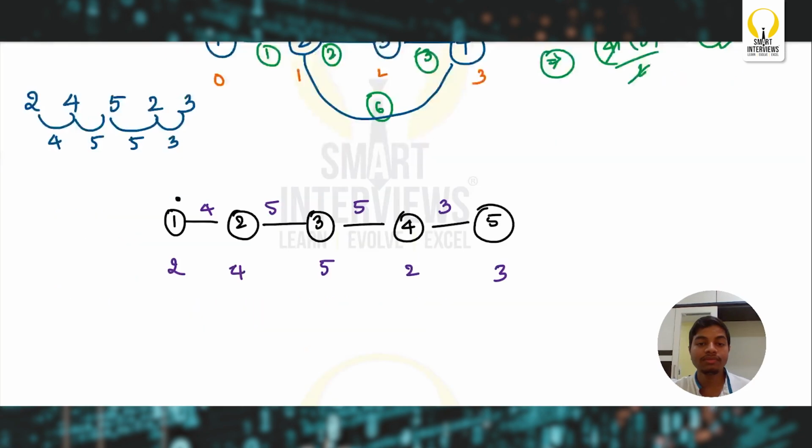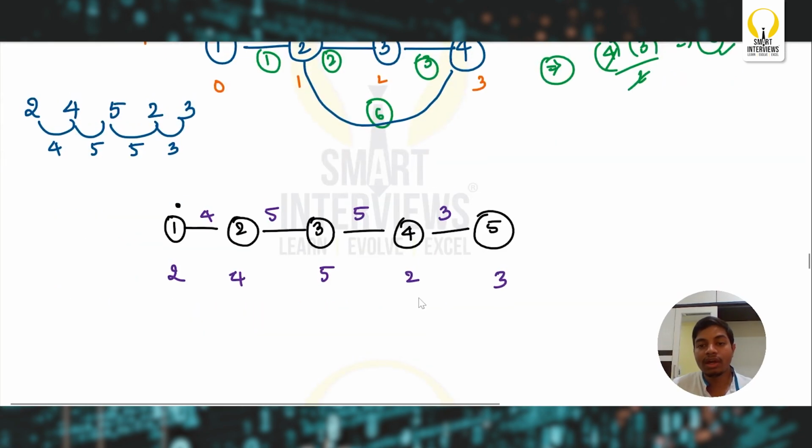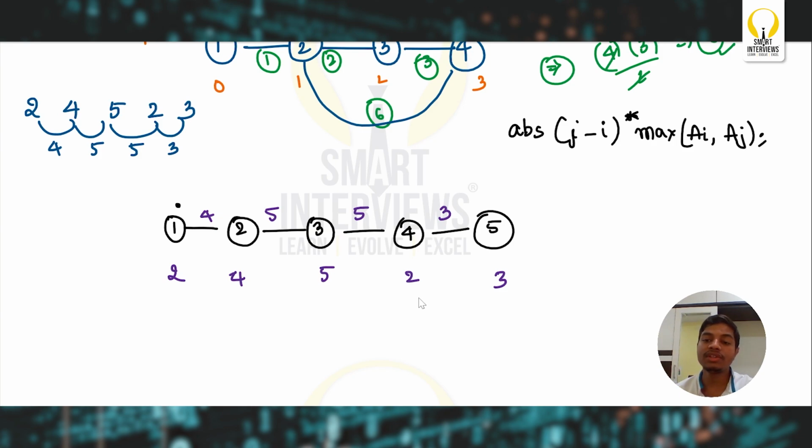Let us write it here. Absolute value of j minus i times max of a of i, a of j. So this is the way you calculate the weight of a particular edge.